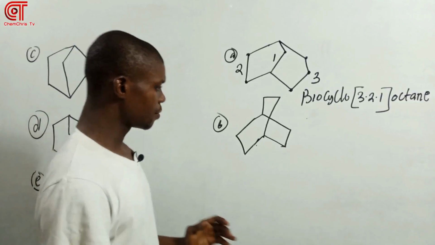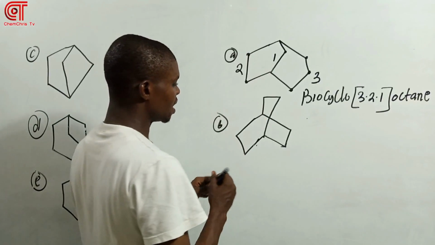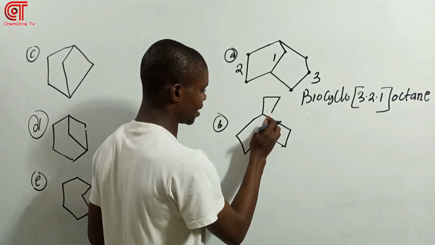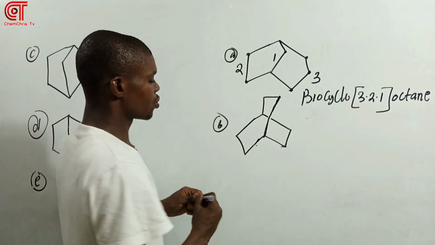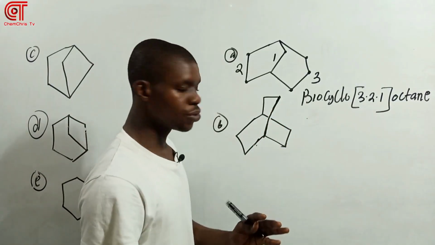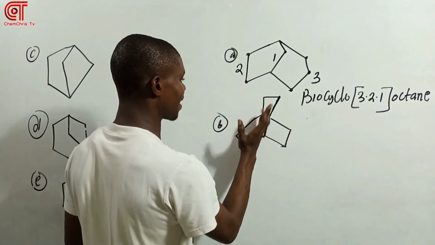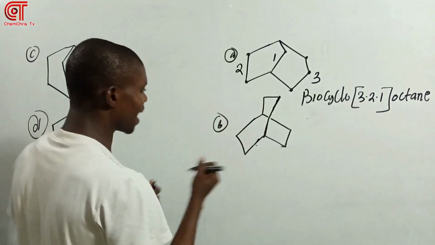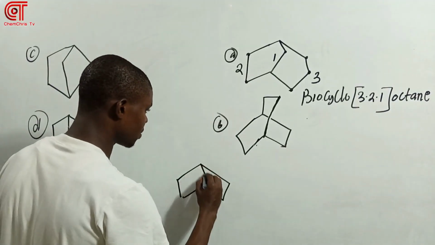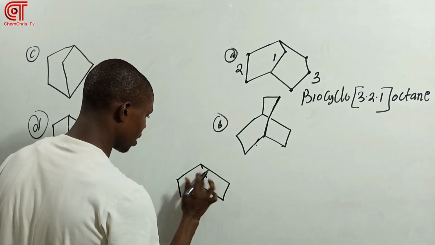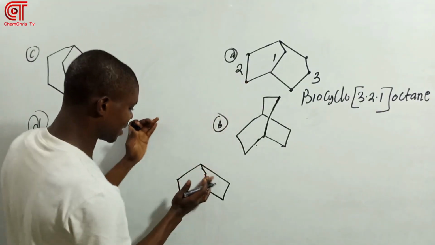Then let's look at this one here. Now, the common mistake so many students make is that they go and put a point here. There's no point here. I've seen a lot of people making this mistake. Now we only have two sides here, and this other one here. It's supposed to be like this. It pushes up like this.